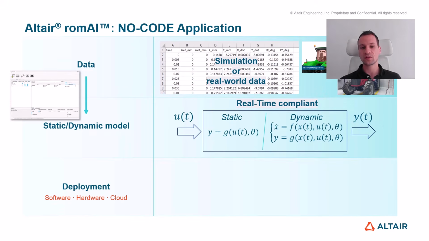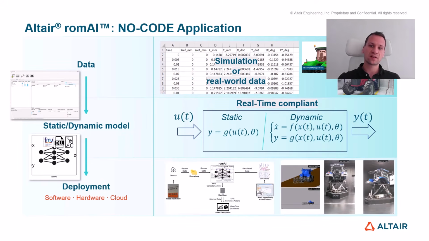We can deploy it in software, in hardware, and the cloud. That means that, for example, you can use it in hardware-in-the-loop applications. You can embed it into actual hardware, into controllers running in parallel with your physical asset. Or, of course, you can integrate it into your favorite software to perform an optimization or a larger system of system simulation.